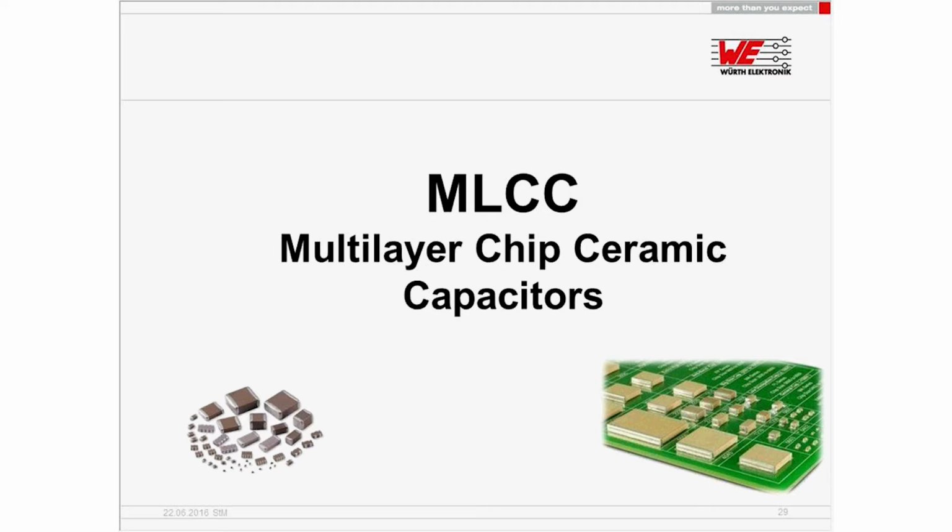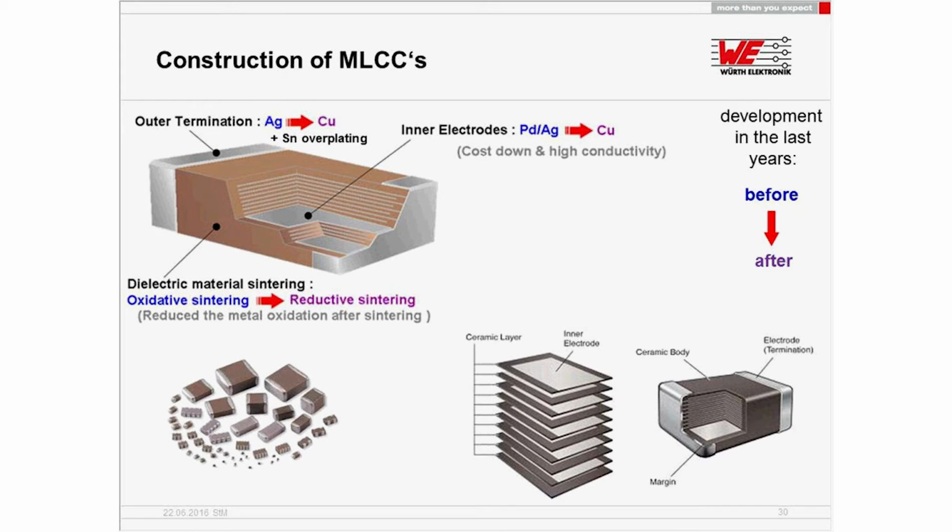And I would like to go further with the topic of MLCCs. So the third category for today is the multi-layered capacitors. The construction of MLCC, there is something happening in the market that is already done. There was a switching from quite noble materials like silver or palladium to copper.